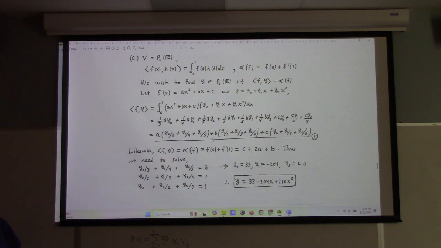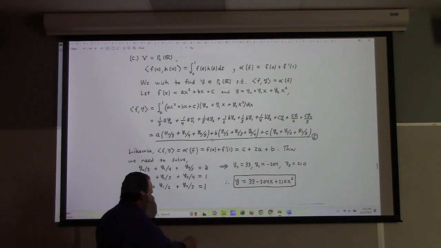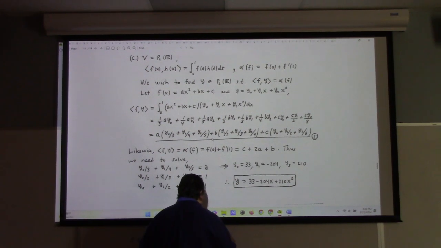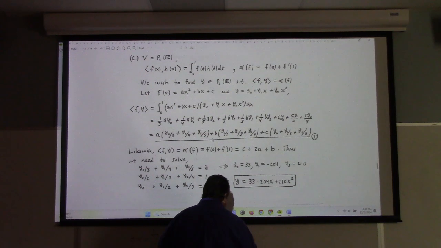But the process of orthogonalizing polynomials is somewhat laborious. Another path here is just to use the monomial basis: 1, x, x squared. That would allow you to calculate the metric coefficients with respect to the monomial basis.